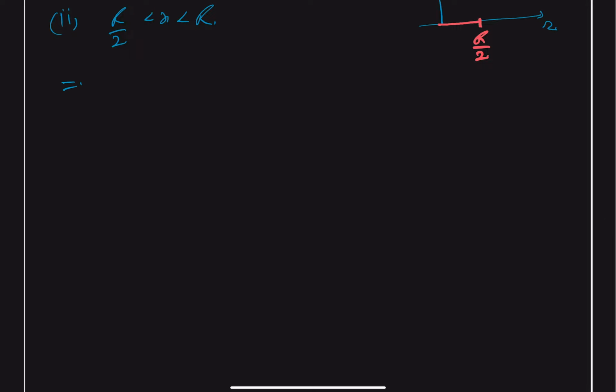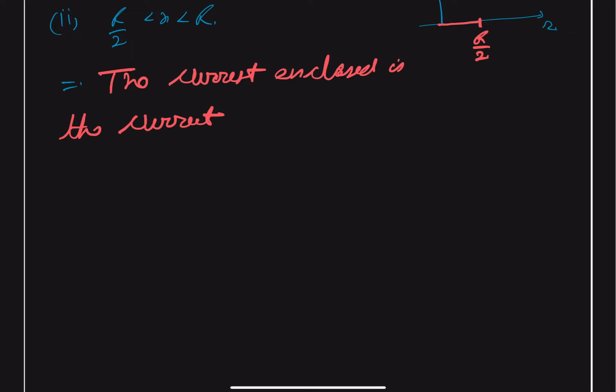So we can say that the current enclosed is the current only in the portion from R by 2 to x.